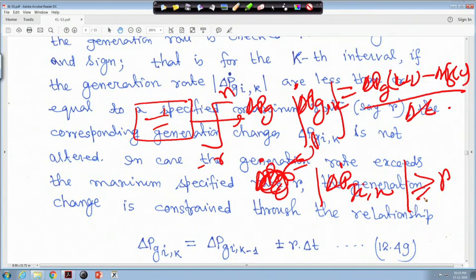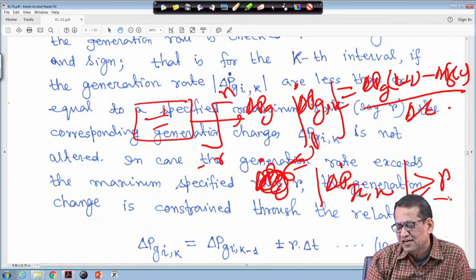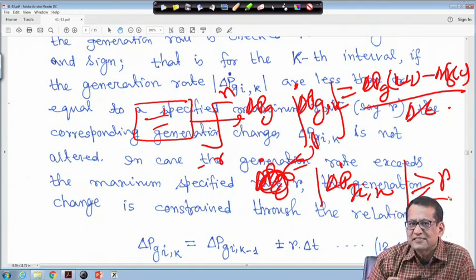So, we are not checking plus or minus, increase or decrease, first you check whether it is greater than R or not. If it is less than R, then no need to consider this.